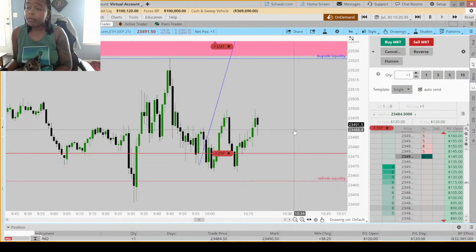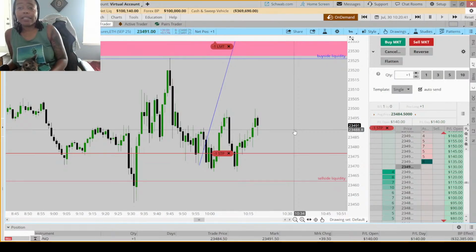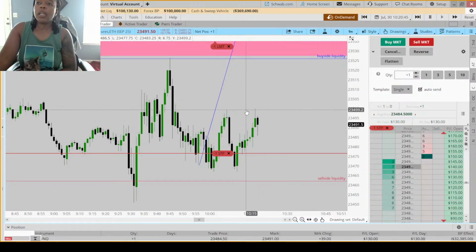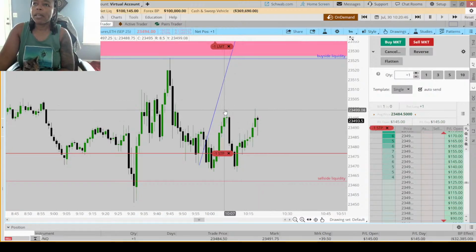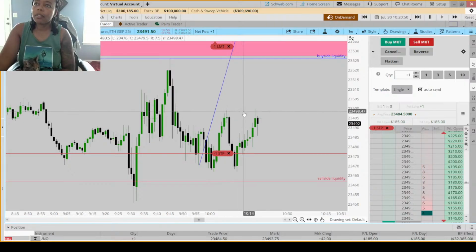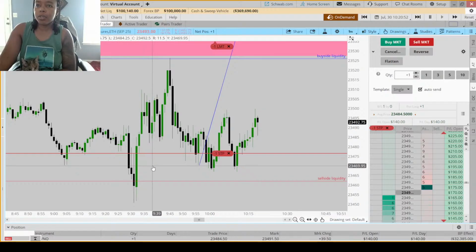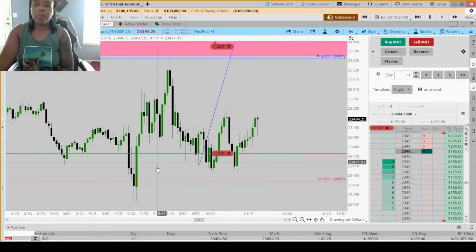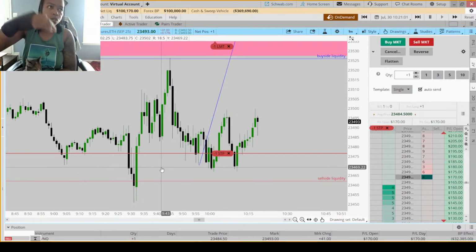But if you can sit through it, and come on, man, why didn't this close a little bit more healthily? But this is the trade I would have taken. Midpoint of this wick. Once we took that high out, shallow or not, move my stop to just above break even, just to handle fees, right?